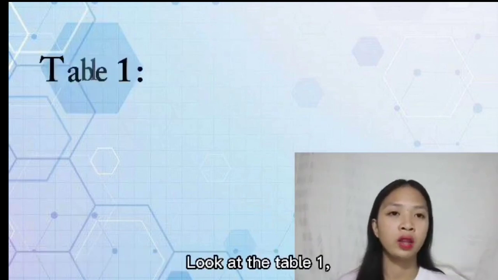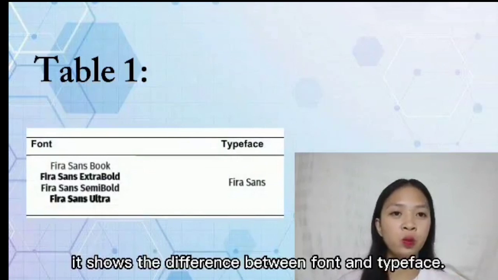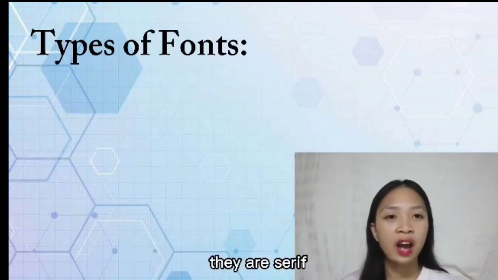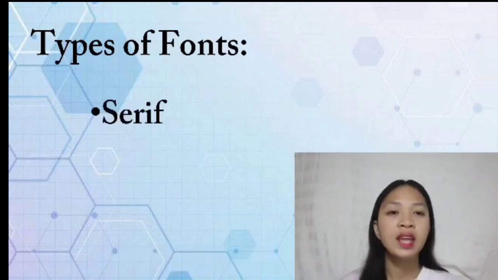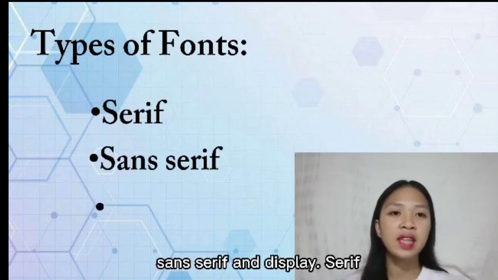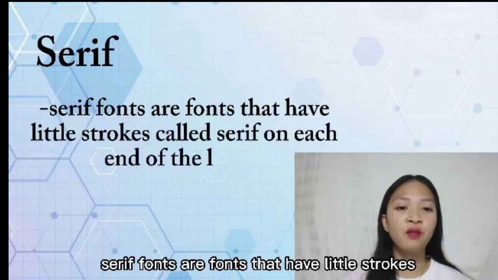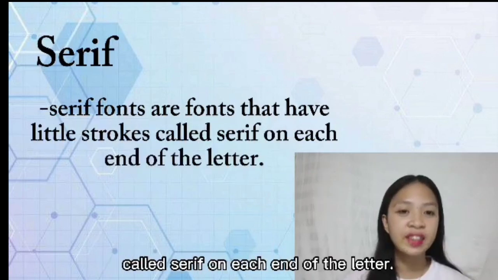Look at table 1. It shows the difference between font and typeface. Fonts can be categorized into 3. They are serif, sans serif, and display. Serif fonts are fonts that have little strokes called serifs on each end of the letter.